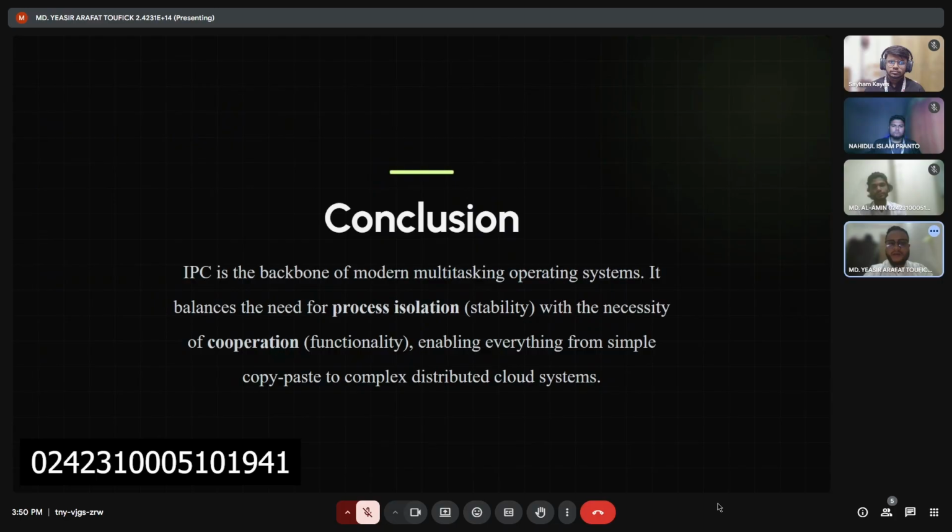At last, we go ahead to the conclusion of this presentation. In conclusion, we talked about interprocess communication and the operating system. These are very closely related to each other.